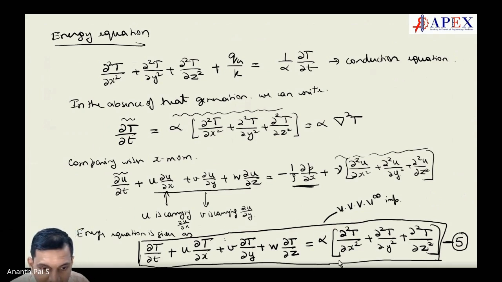But this convection diffusion equation is very easy to solve in CFD. The most difficult one is this part. Why is that difficult? Because it is a non-linear differential equation.